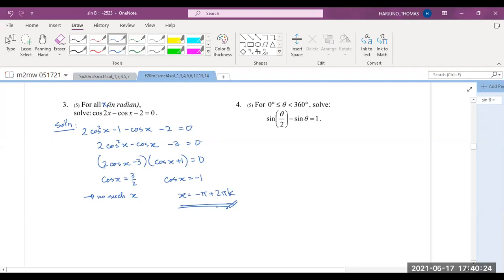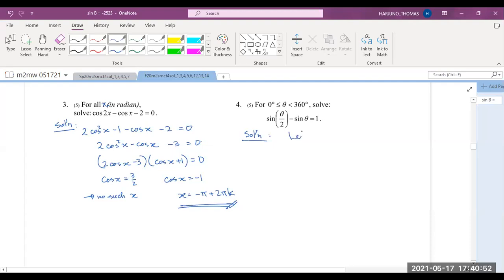Now, how about number 4? Sine theta over 2 minus sine theta equals 1. When you deal with half angle equation, there are actually 2 ways to do this. Let me show you my favorite way first. Instead of attacking that from half angle, I will do substitution, and we deal with double angle instead.